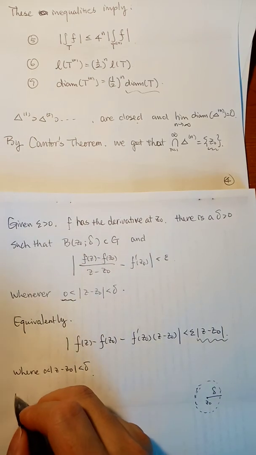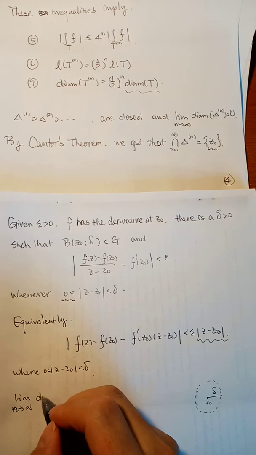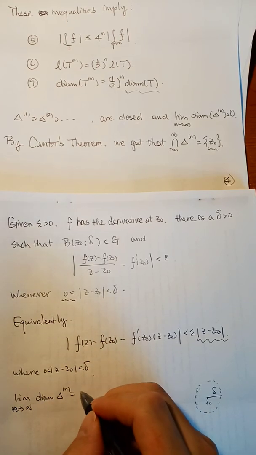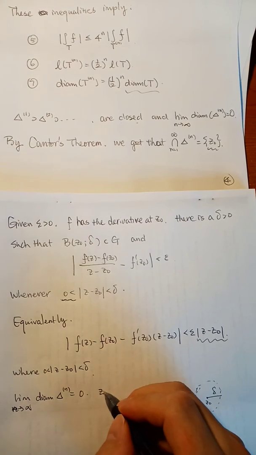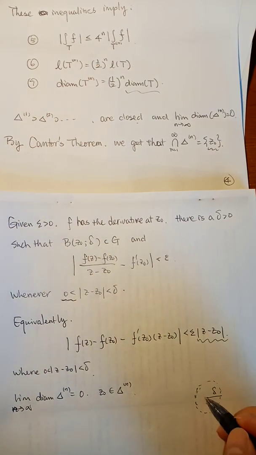Because as n approaches infinity, the diameter of delta n is 0, and z0 belongs to all the delta n. So eventually, there's a delta n that looks like this.